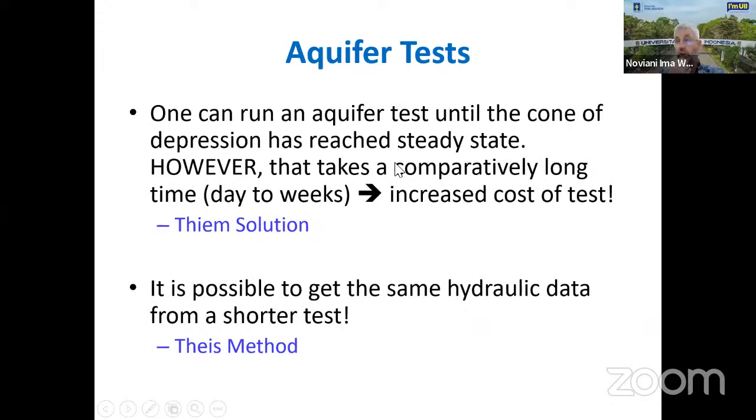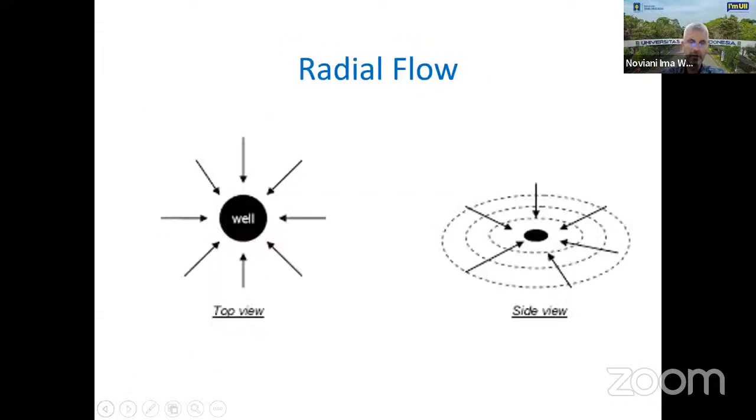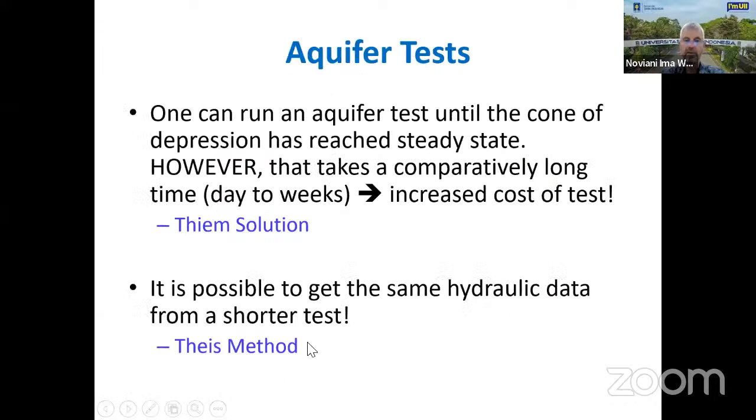But it also is costly because when you run a pumping test, you have to pay for energy, for the pump, for the manpower, for renting equipment. So this is a cost, but also it is not necessary. It means we don't have to wait for weeks. We can also use a different type of solution called the Darcys method, apologies, Darcys method.